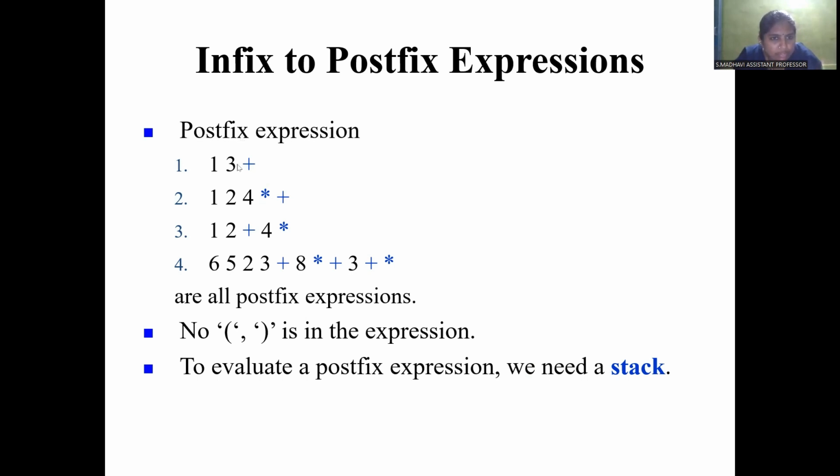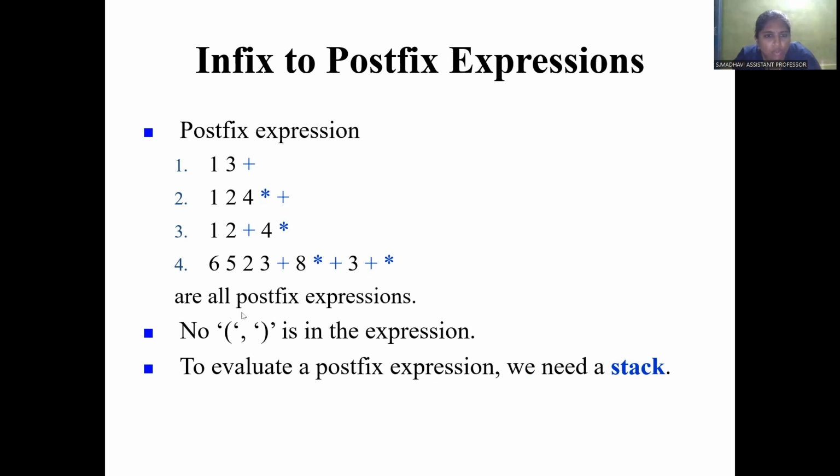In a postfix expression, the operators are placed at last. And if you check these expressions, there are no open and close parentheses. Even though they appear in the infix expression, they should not be displayed when we write it in the postfix expression. This is one rule.